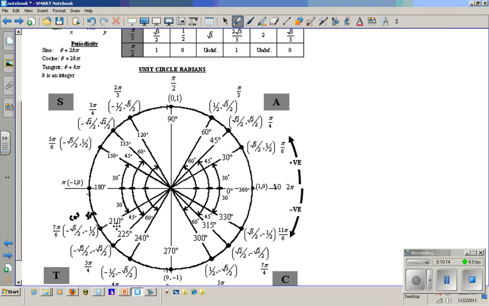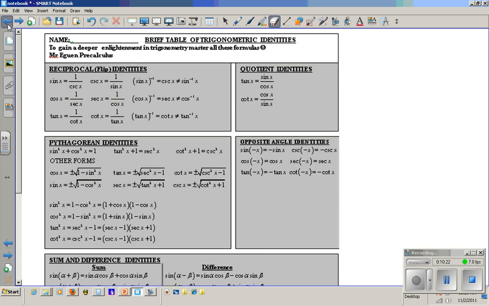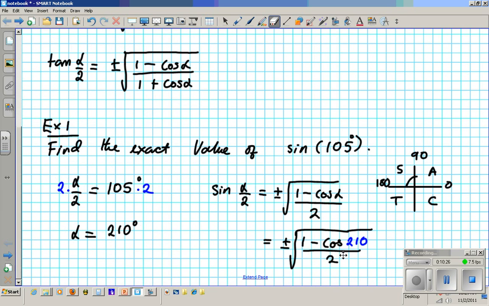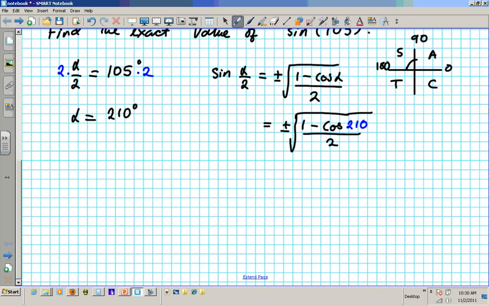So cosine 210 is going to be negative root 3 over 2, because of that point we have there. Let me write that on the side here so we don't get confused. Cosine 210 is negative root 3 over 2. I just showed that to you.